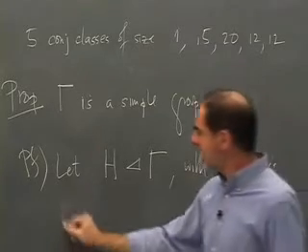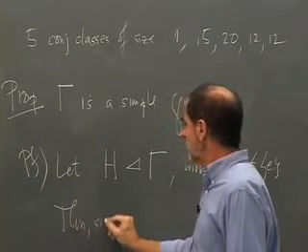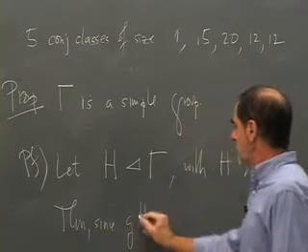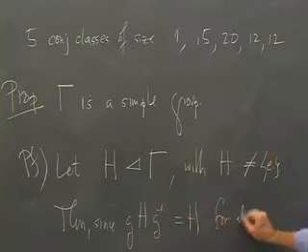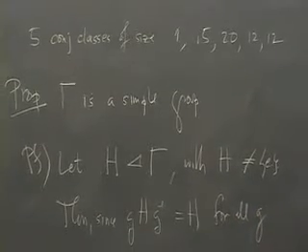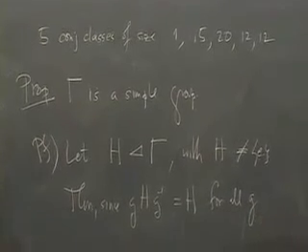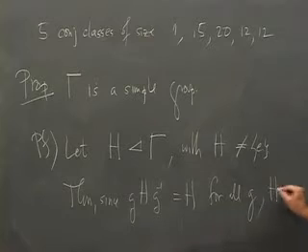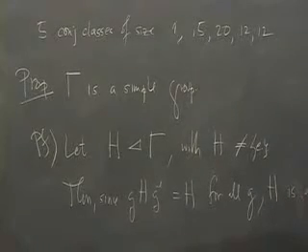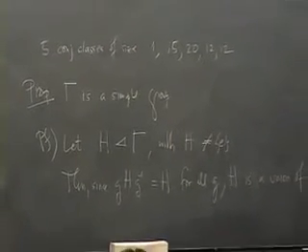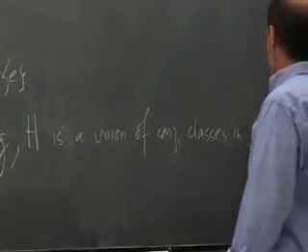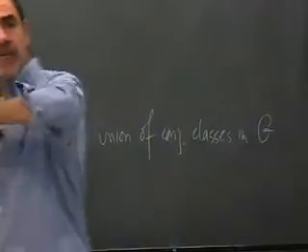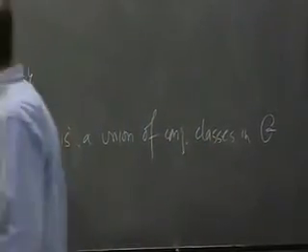Then I claim, since gHg inverse is equal to H for all g, that's the definition of what a normal subgroup is, H is a union of conjugacy classes in G. If you have one element in H, you have to have all the conjugate elements in H because of this.